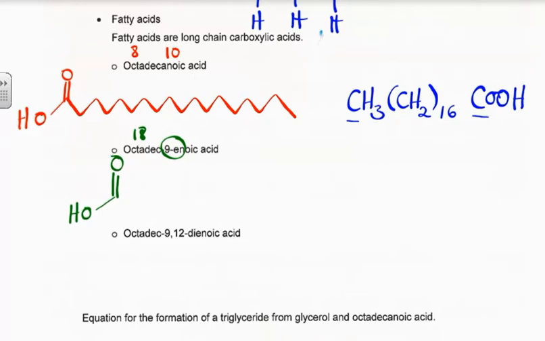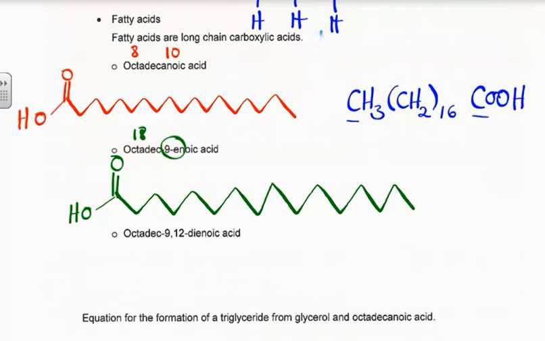So that's number 1, 2, 3, 4, 5, 6, 7, 8, 9. So we want a double bond on that 9th carbon, which was there. So simply show the double bond like so.